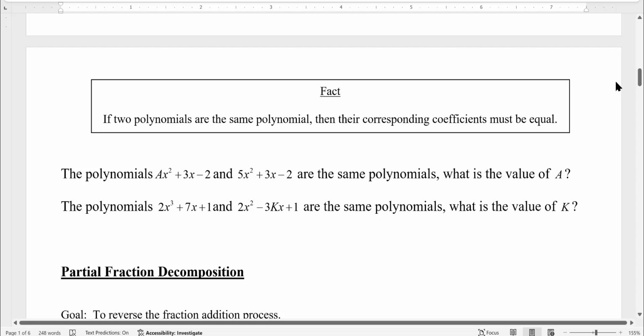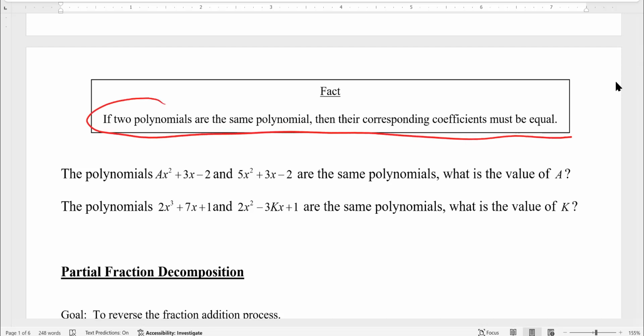Okay. Take a moment again and read this fact. So that fact should be fairly obvious, at least when I tell you what this is really saying. This is saying the following. Suppose that two people wrote down the same polynomial.